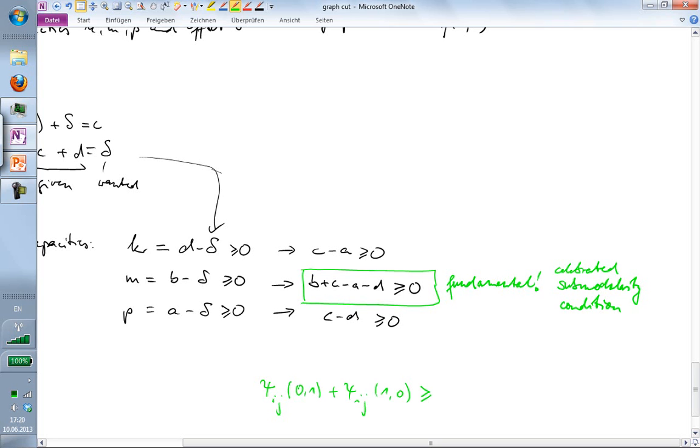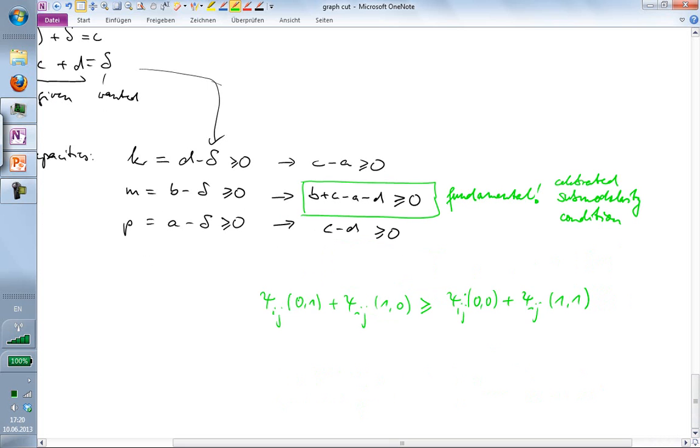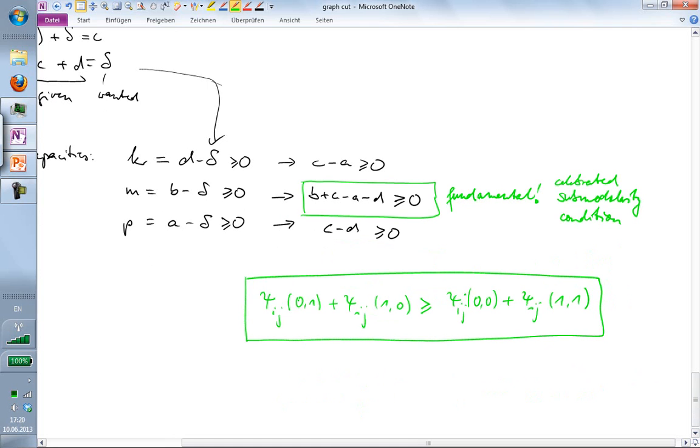They must be larger than A plus D, which was psi ij of 0, 0 plus psi ij of 1, 1. So this is the fundamental condition which must hold so that we can use a simple min-cut max flow algorithm to find the global optimum for our binary pairwise MRF.